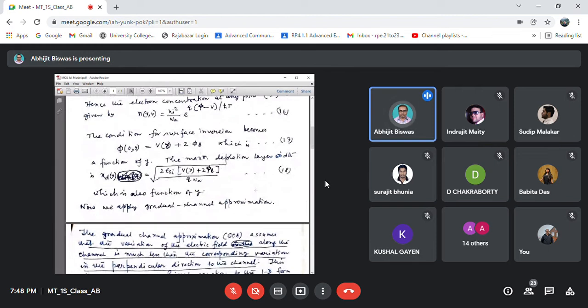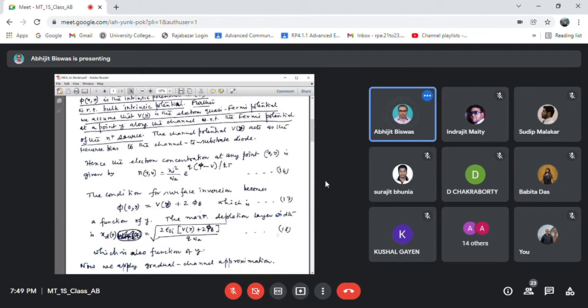So what is the value of the maximum depletion layer width? It is xd. It is equal to root over twice epsilon i into (Vy plus twice phi fb) divided by q NA. So here you see that in the expression for the maximum depletion width, there is Vy.